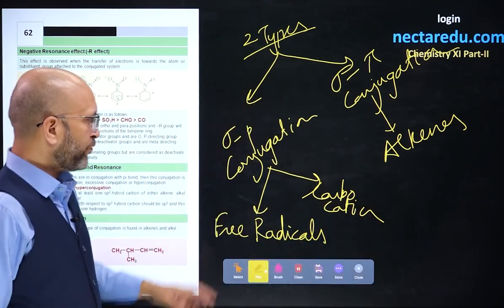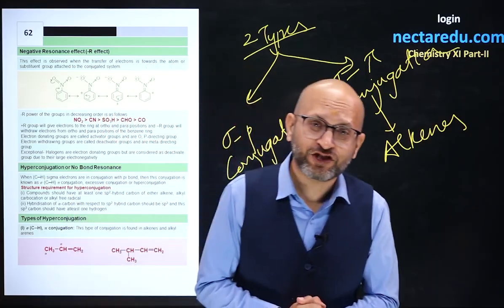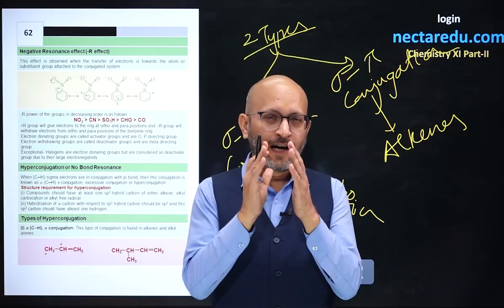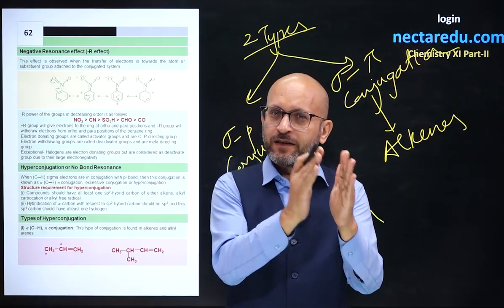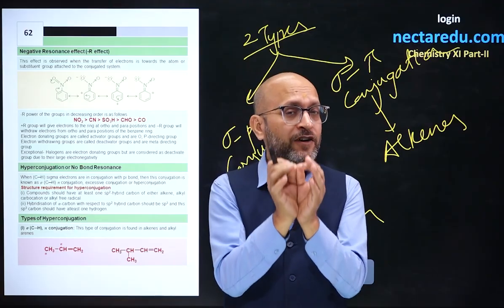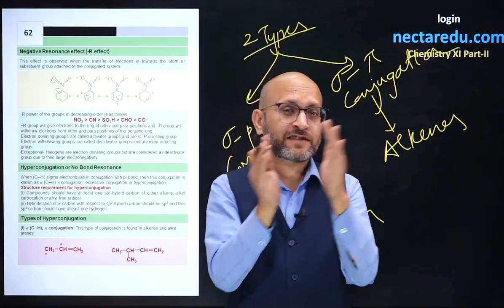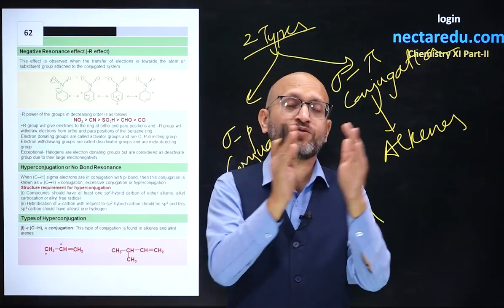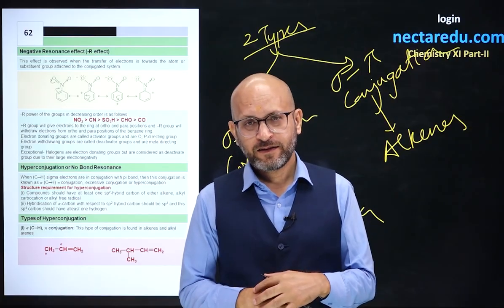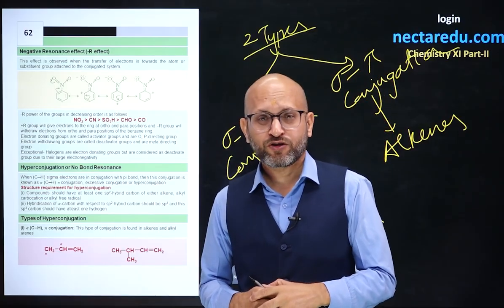Alright. So what is the required condition? Required condition is presence of alpha H. What are alpha H? Alpha H is the hydrogen present on alpha carbon. What is alpha carbon? Alpha carbon is carbon adjacent to a double bond, adjacent to a carbocation, adjacent to a carbon free radical. So presence of alpha H is the requirement for hyperconjugation.